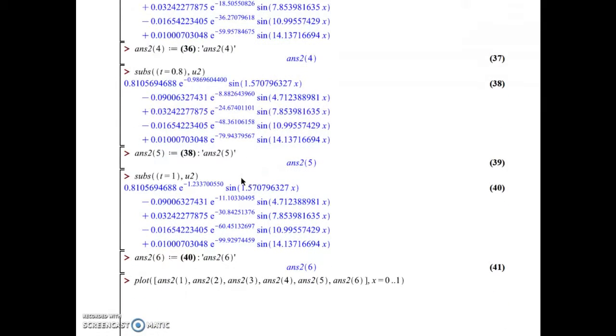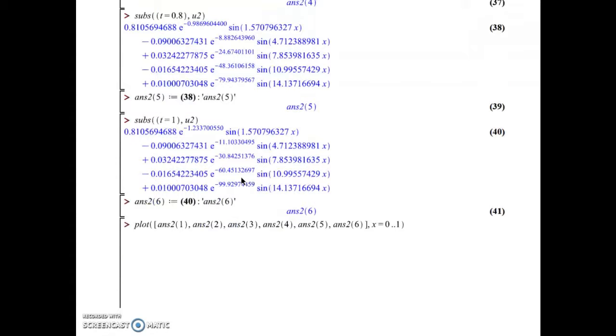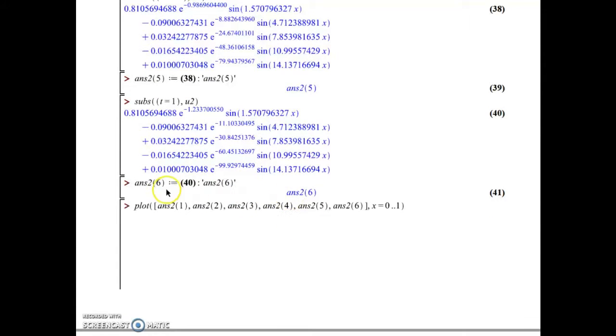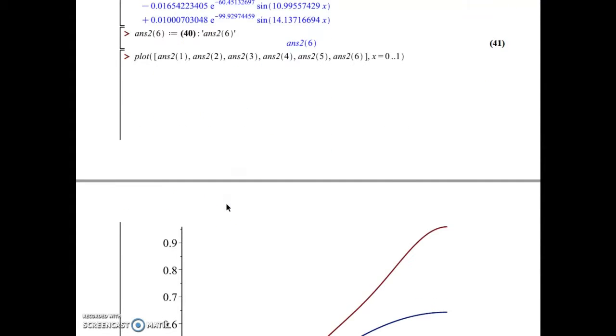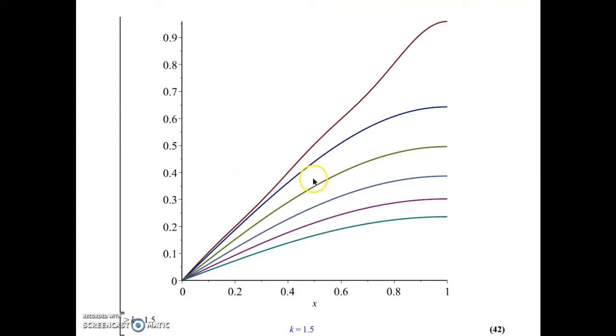Repeating the same steps. Okay, this is the final one. We have to plot a graph with these 6 sets of values. Ta-da! This is the graph we get from plotting. From this graph, what can I understand?